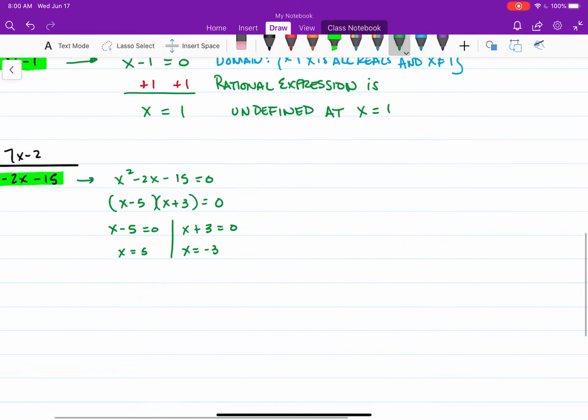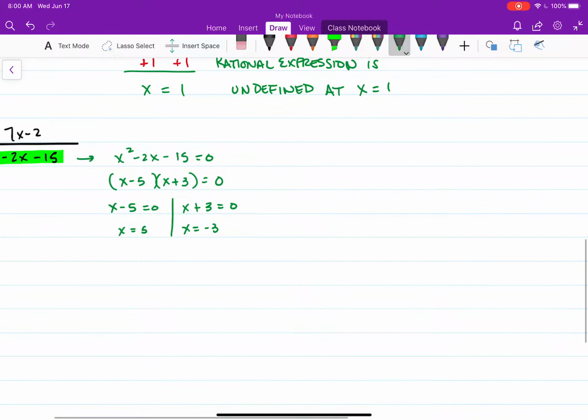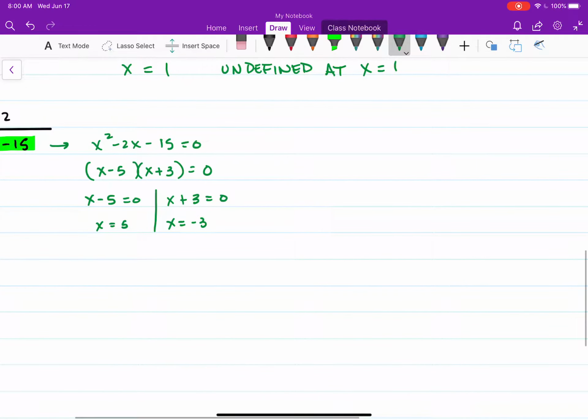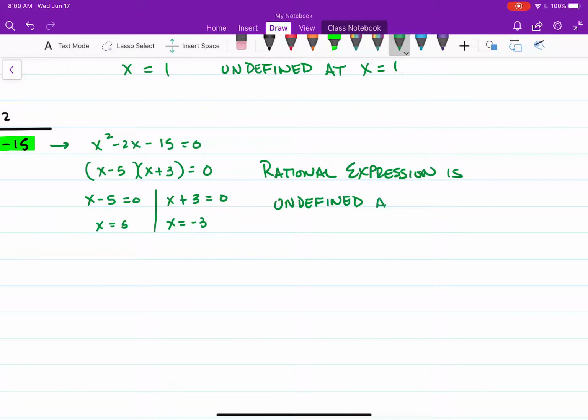So this rational expression is undefined at x equals 5 and x equals negative 3.